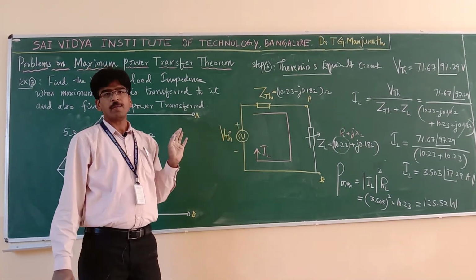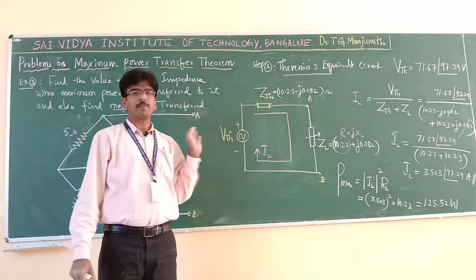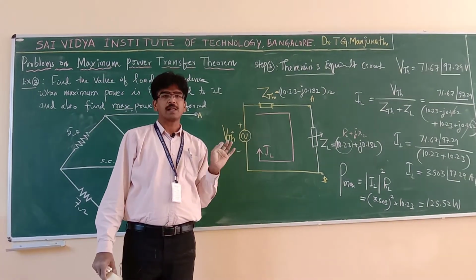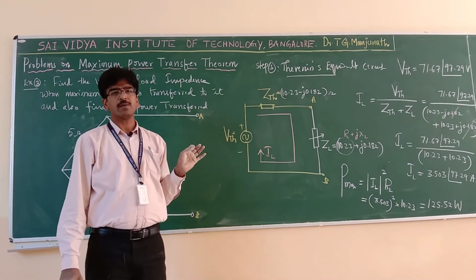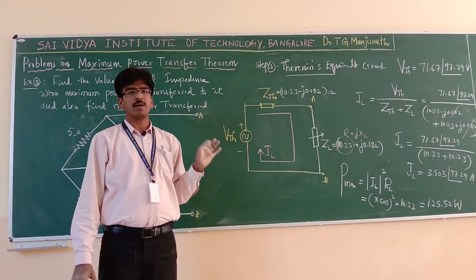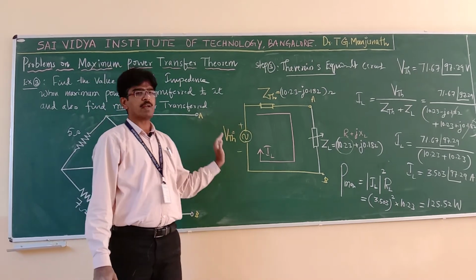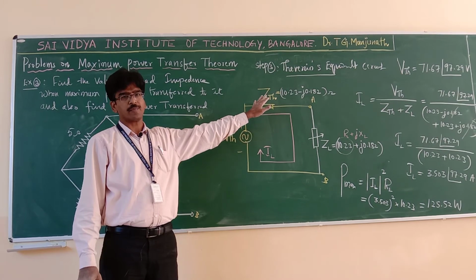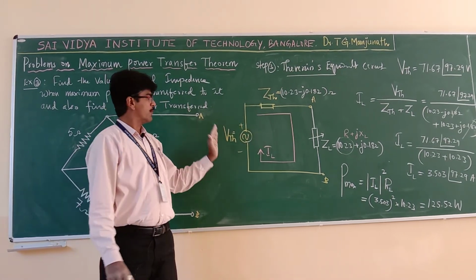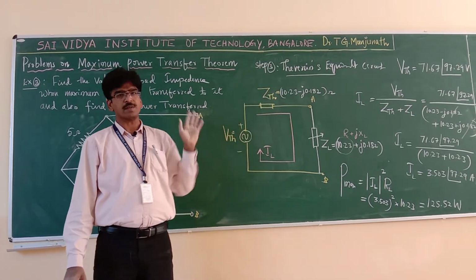So, what we did: if any problem is asked on the maximum power transfer theorem, first convert the given network into Thevenin's equivalent circuit. That is a voltage source in series with an impedance, if it is an AC network. If it is a DC network, a voltage source in series with a resistance.